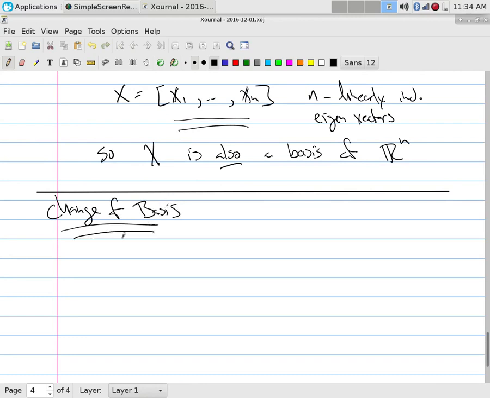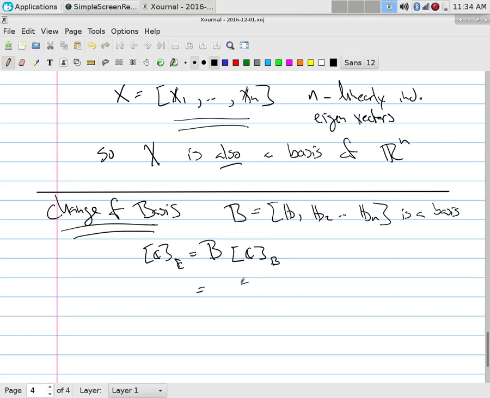We also know change of basis. What if B, equal to basis 1, basis 2, up to basis n, is a basis? What happens when I take B and I multiply it by a vector whose coordinates are in B? What does it spit out? Standard. The coordinates in standard.